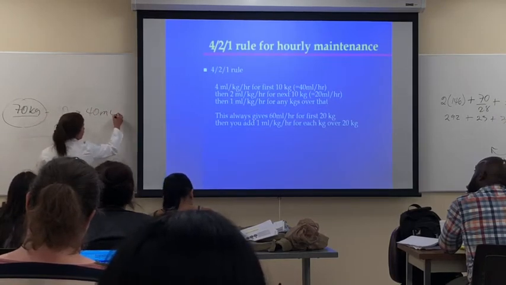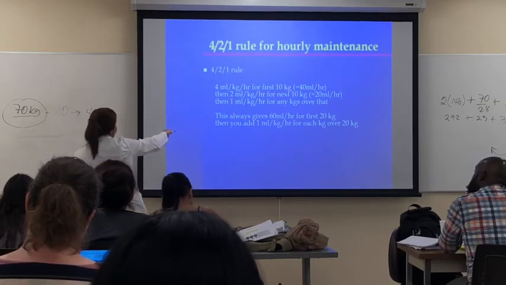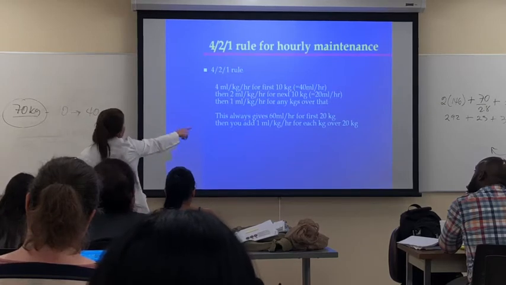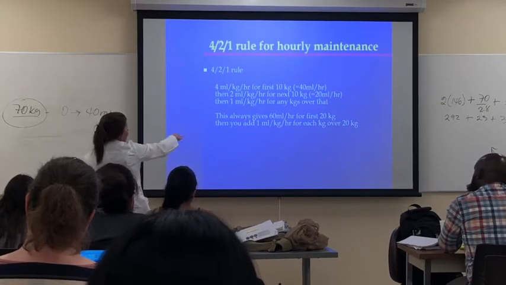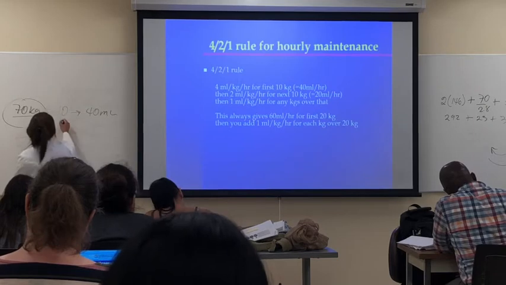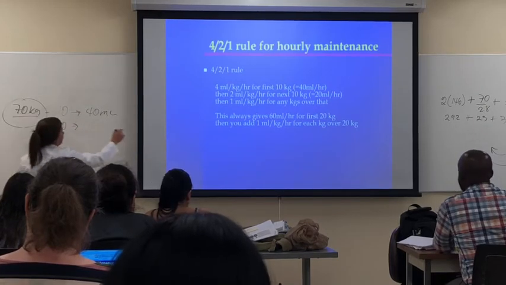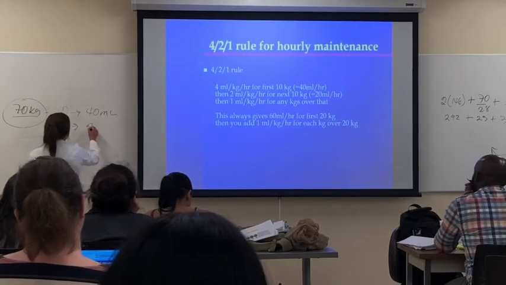Then 2 mL per kilo per hour for the next 10, so for the next 10, I have 20 mL.